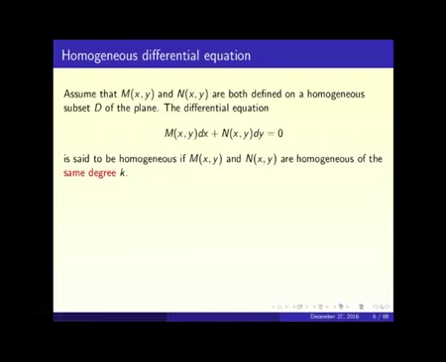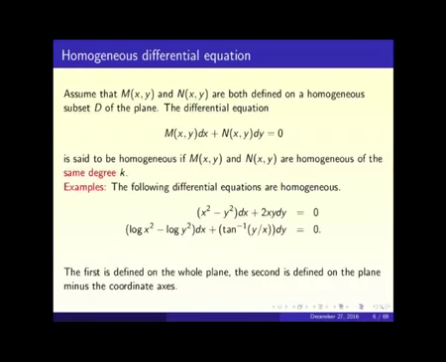If m is homogeneous of degree -3, then n must also be homogeneous of degree -3. So, the degree of homogeneity of m and n must be the same. Then you say that this differential equation m(x,y) dx plus n(x,y) dy equal to 0 is a homogeneous differential equation.